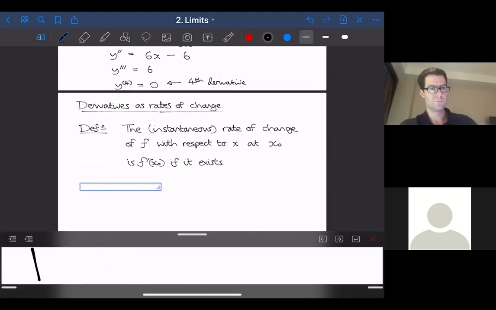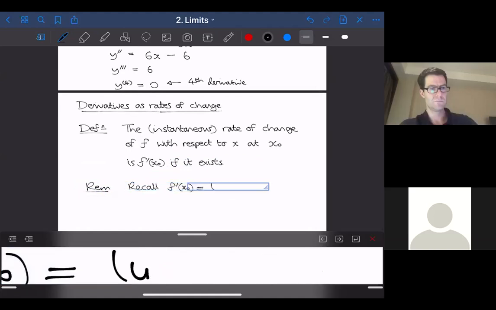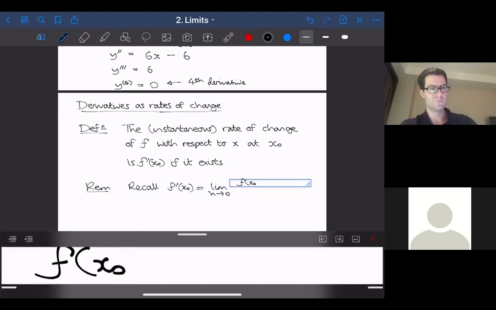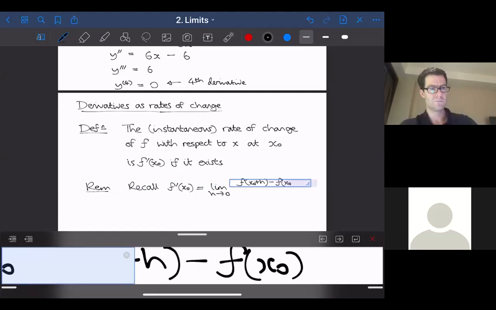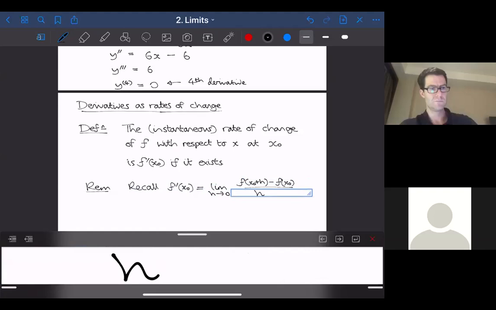So remark, remember once again that f prime of x0 is the limit as h goes to 0 of this ratio: the change in f between x0 and x0 plus h, and the change in x, which is h.